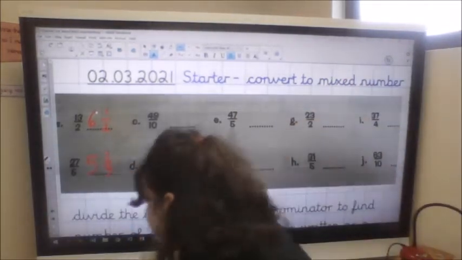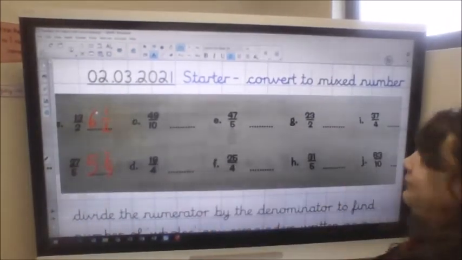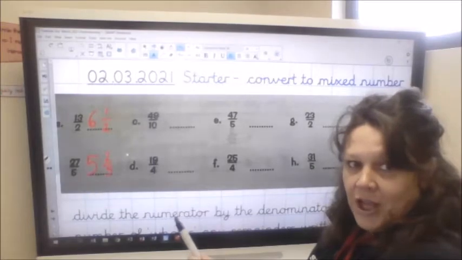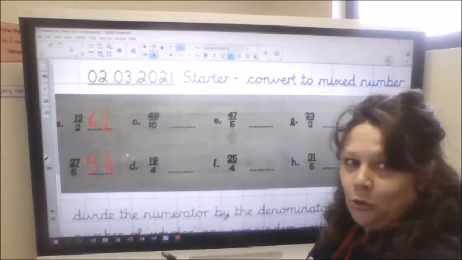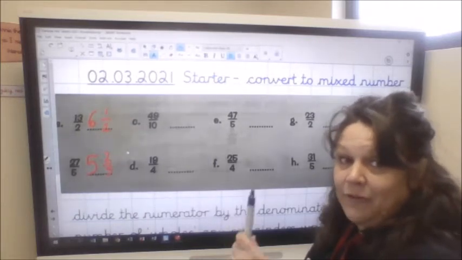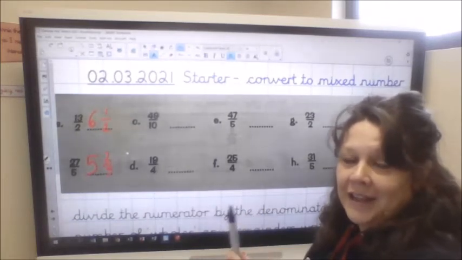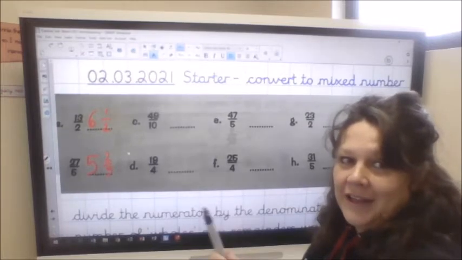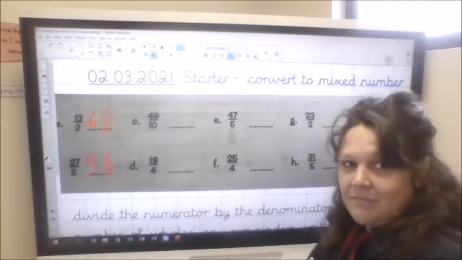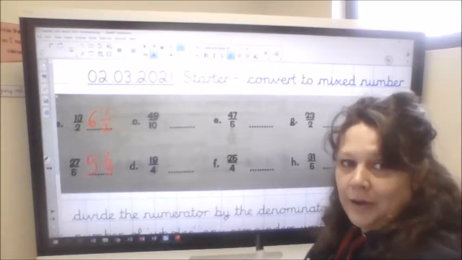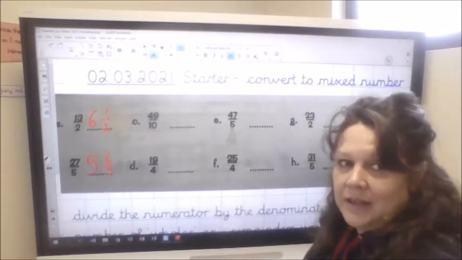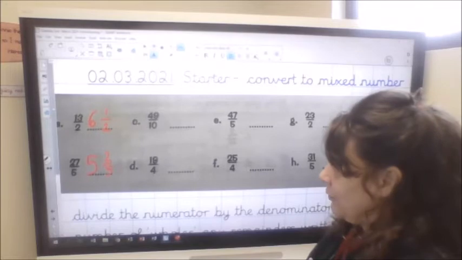Okay, so just a reminder, you divide the numerator by the denominator, and then you know how many wholes you've got, and then anything that's left over, the difference between the answer when you divide and the numerator, that tells you how many remainders you've got, and you put those over the original denominator as a fraction, okay?